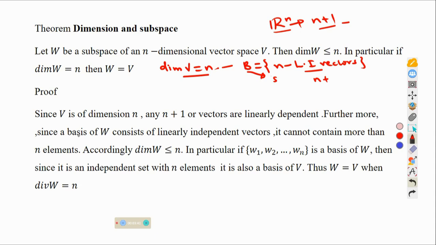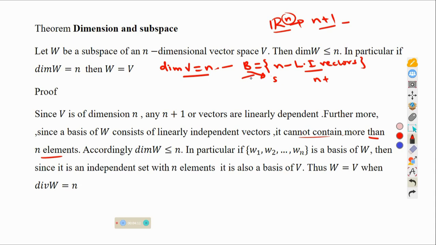Then, furthermore, since a basis of W consists of linearly independent vectors, obviously it cannot contain more than n elements. The maximum must be n. The moment you have more than n vectors in the basis, they will be linearly dependent, and that one will no longer be a basis.